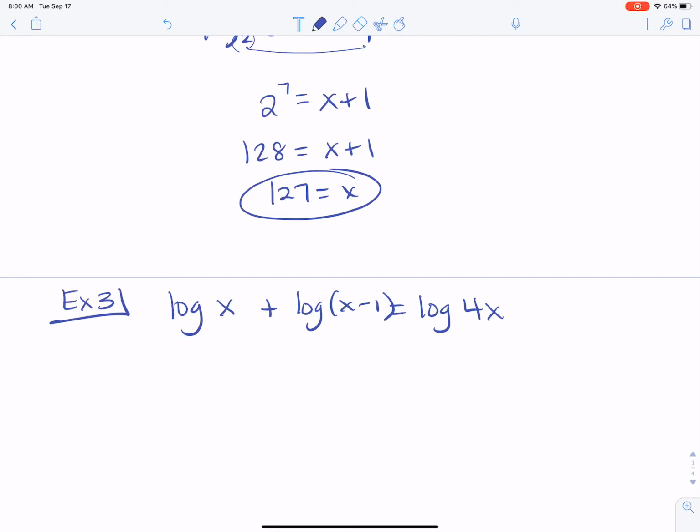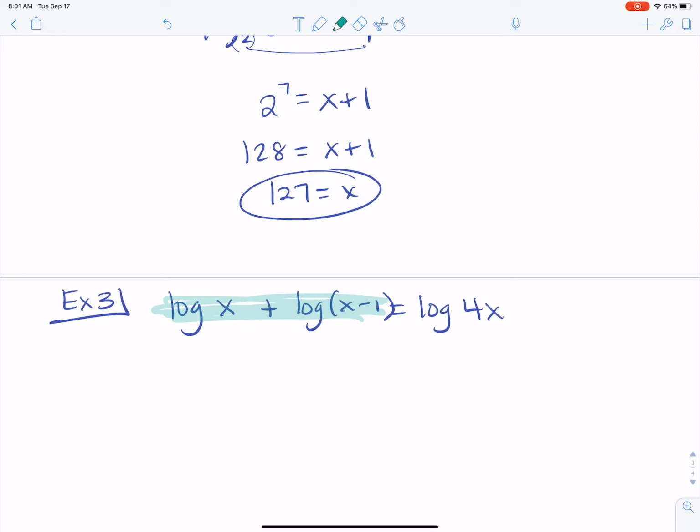But what you need to do here when you have multiple logs in one problem is you need to take these two right here and combine them into one log. So the reason that we talked about properties of logs the other day was because of a problem like this. If you have more than one on one side, your first step is to combine.